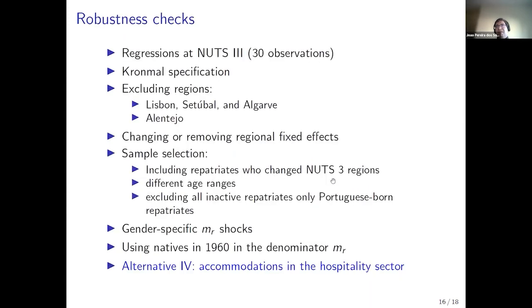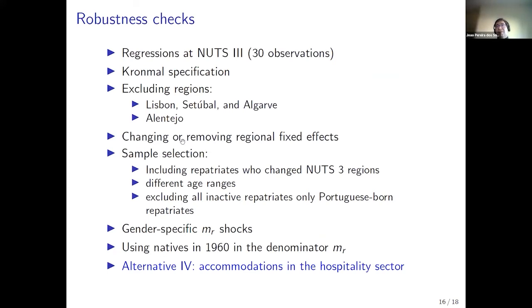So basically, this result is robust to a battery of robustness checks. We do this by removing regions one at a time to see that the result is not dependent on any NUTS-3 region.